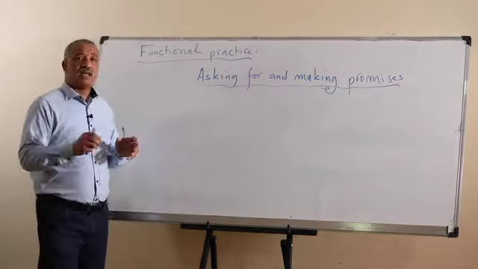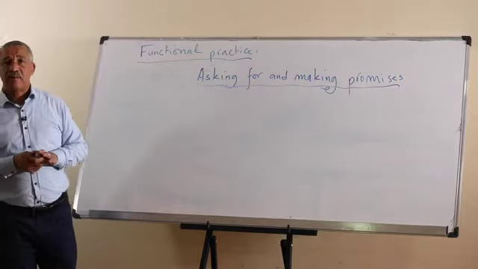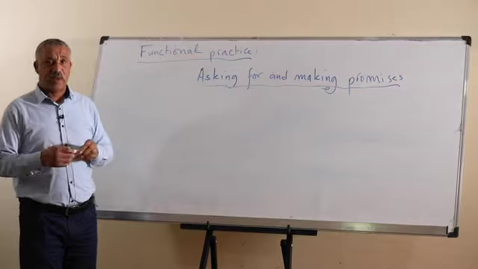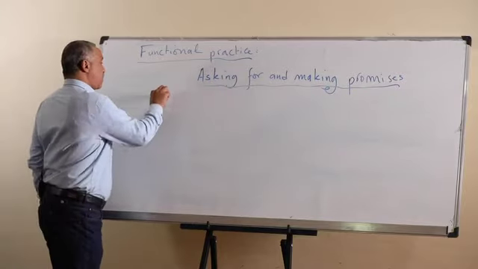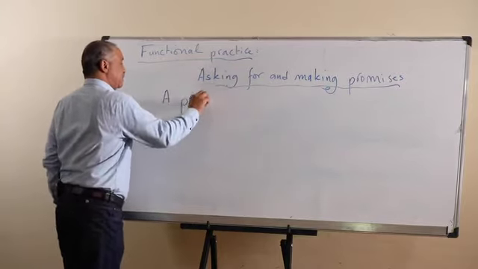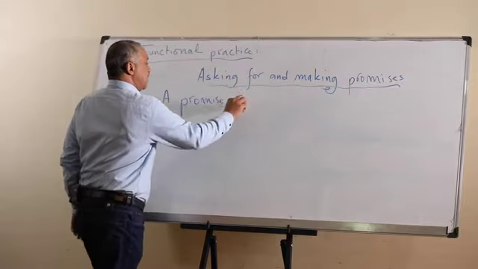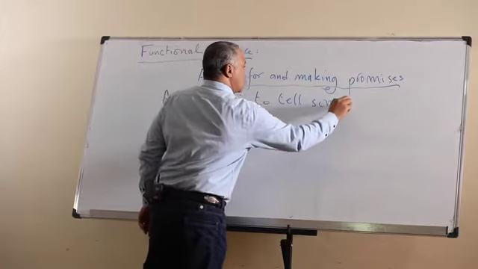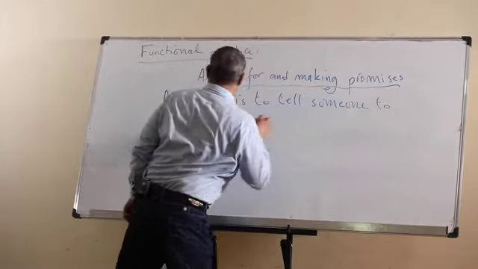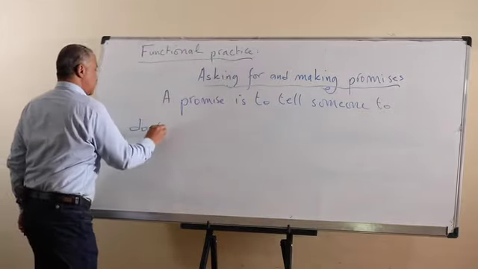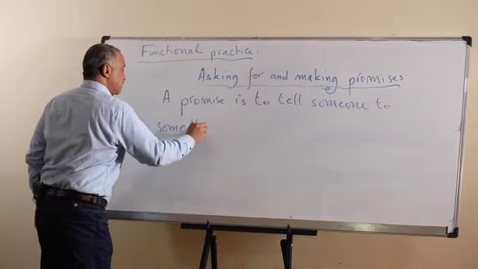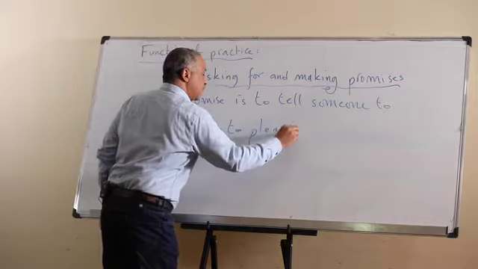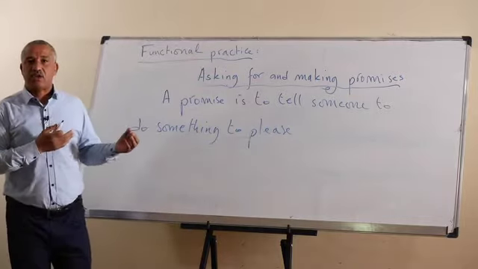Now let's start. First, let's define what we mean by a promise in a very simple way. A promise is to tell someone you will do something to please him. What is this something that you can do in order to please someone?